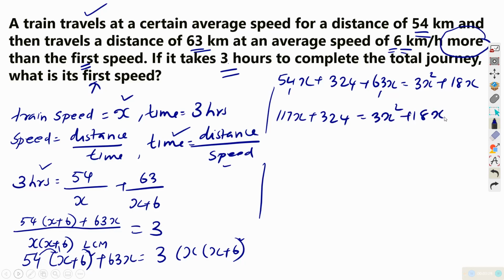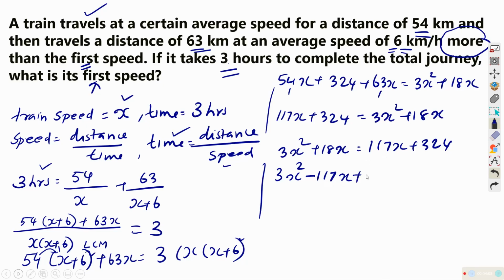Both are in terms of x. Now we will rewrite it in the format, putting the left side right, right side left. 3x square plus 18x minus 117x minus 324 is equal to 0.